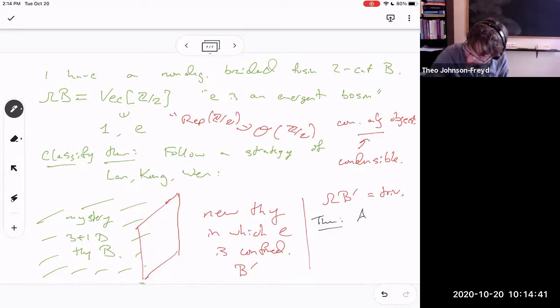The theorem is that a 3+1d topological order with no lines, this theorem forces B prime to be the trivial theory.